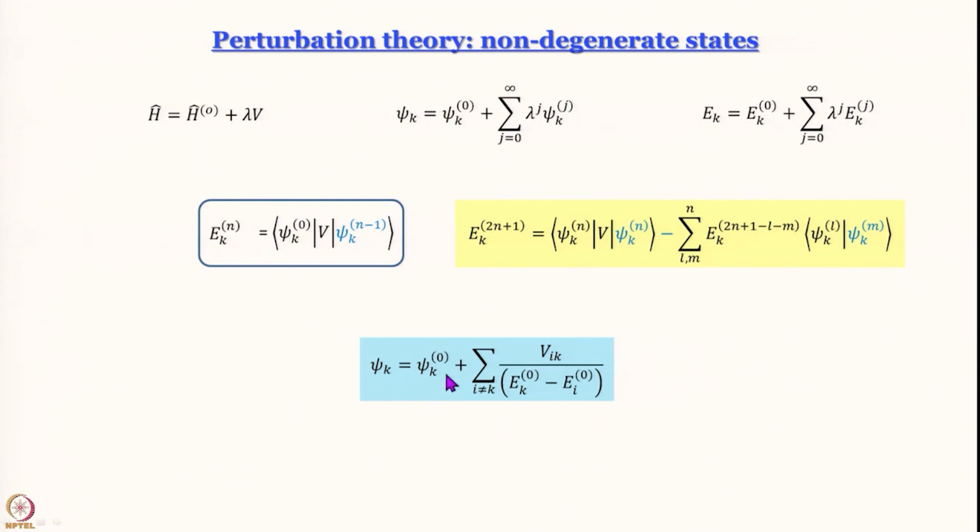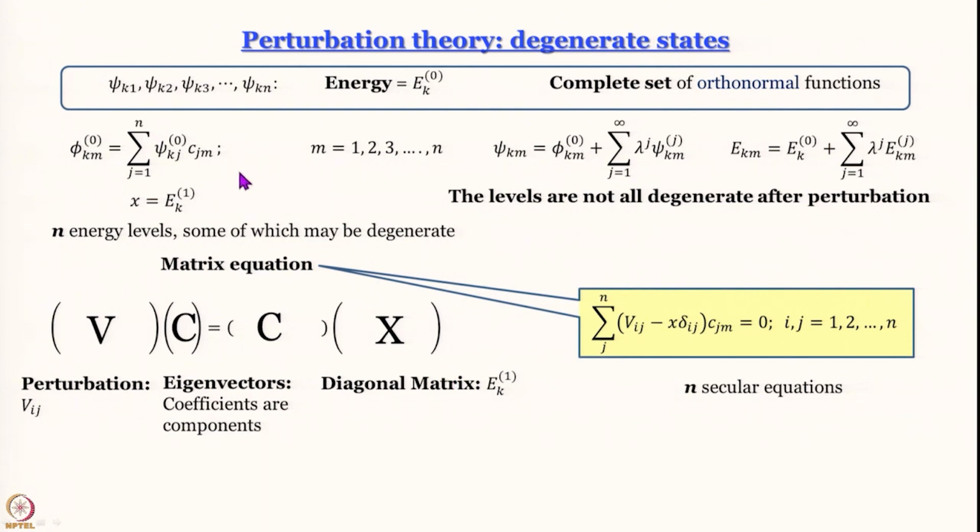Okay. For degenerate states, the difference in our approach is that now you cannot really say that the perturbed wave function is some unperturbed wave function plus a correction term, because these unperturbed wave functions are all degenerate. So, you cannot say that I am taking psi k1 and not psi k3.